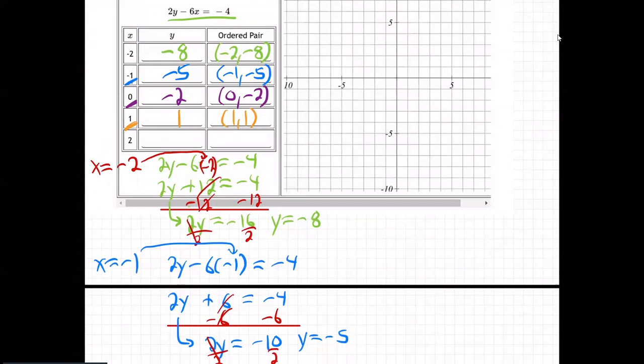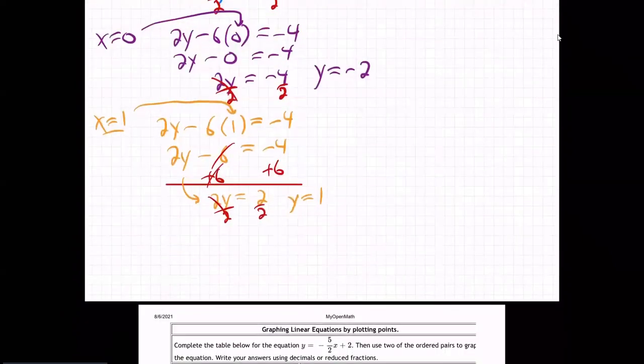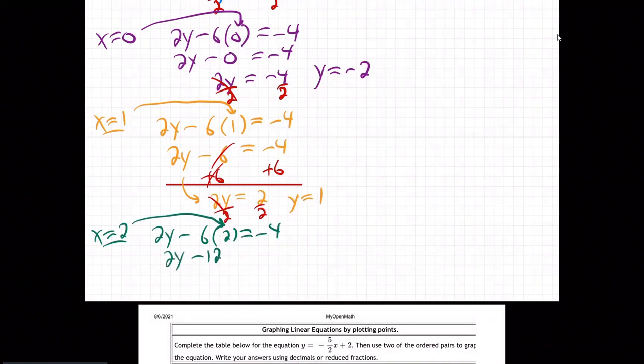And last one is their x is 2. Into the equation 2y minus 6 times 2 is negative 4. That's 2y minus 12 is negative 4.